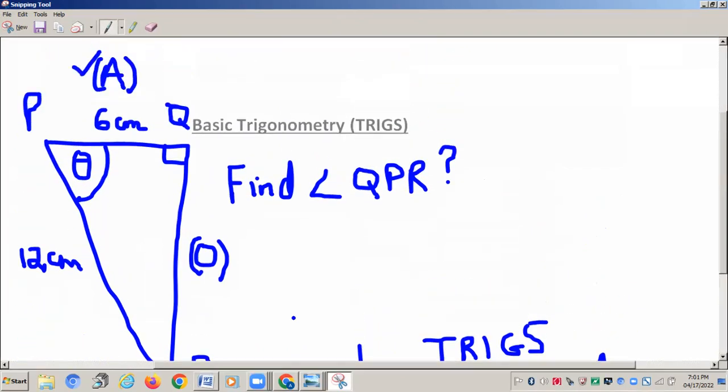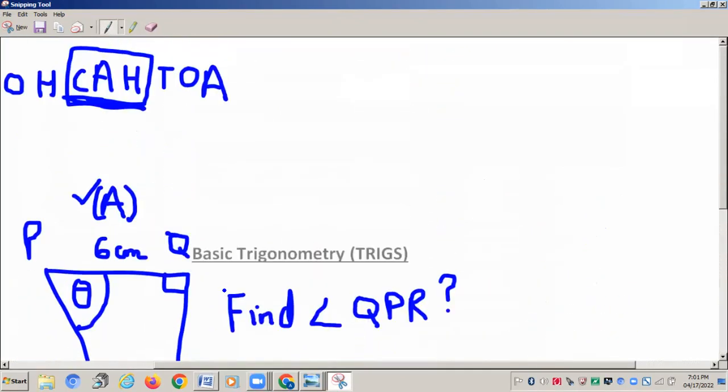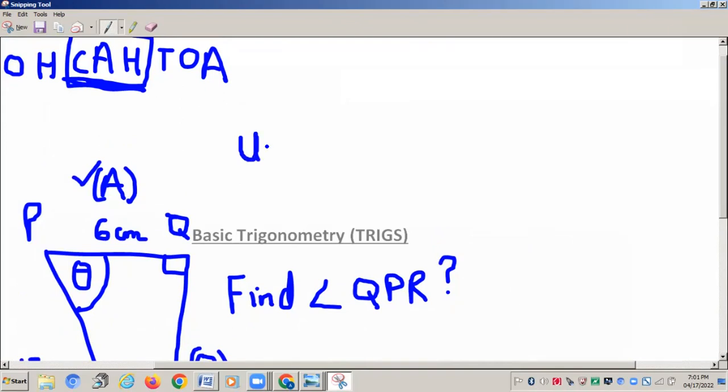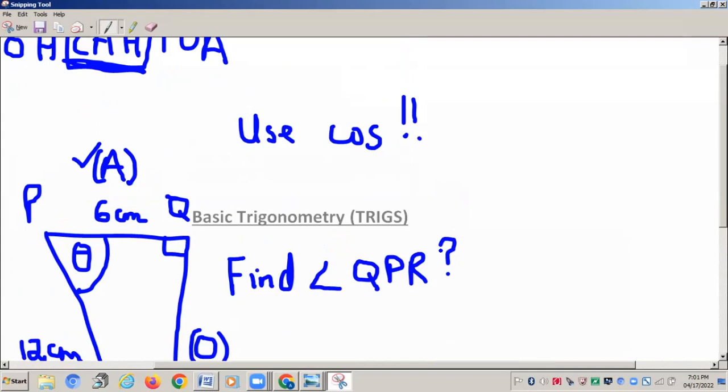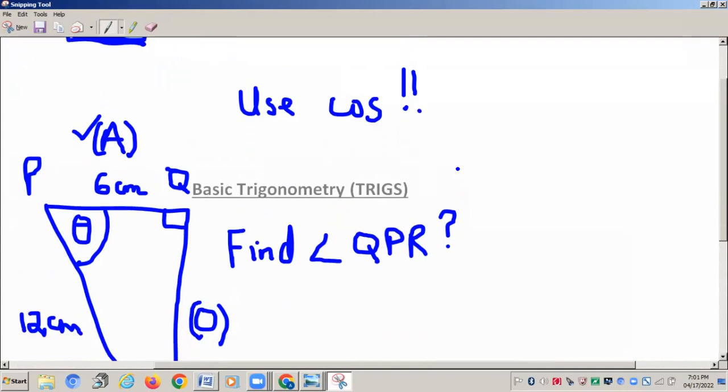All right, so we all agree that we're going to use cosine. Notice this triangle here, they're given how many sides? Two sides. So therefore, we're going to find the angle. Watch carefully now. This is how you work it out.